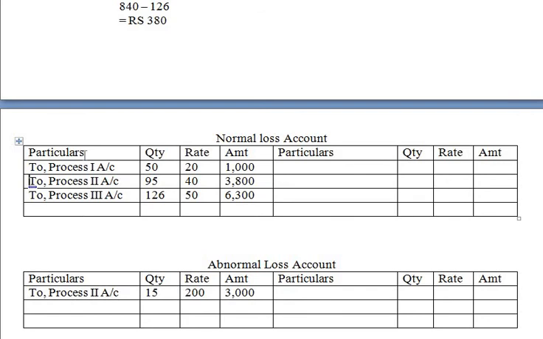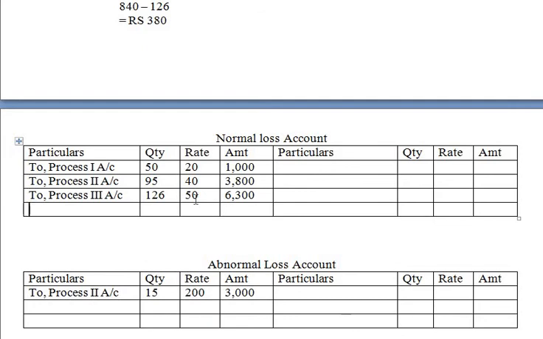If there is abnormal loss in process A, realizable value is rupees 20. If it is for process 2, it will be 40. If it is for process 3, it will be 50. These are the realizable values of normal loss, and the same realizable value will apply for abnormal loss or gain. So that we are going to record.